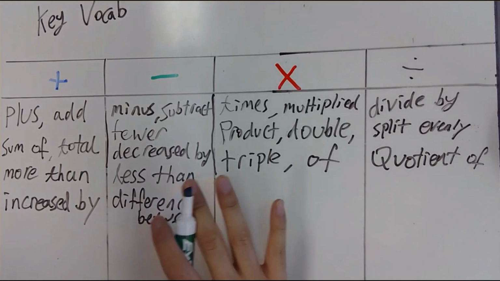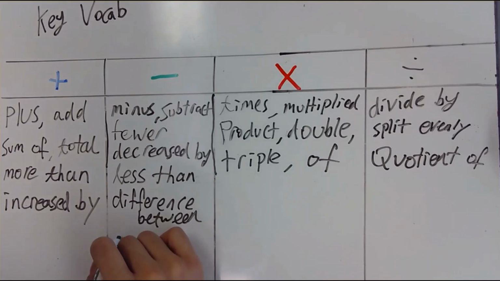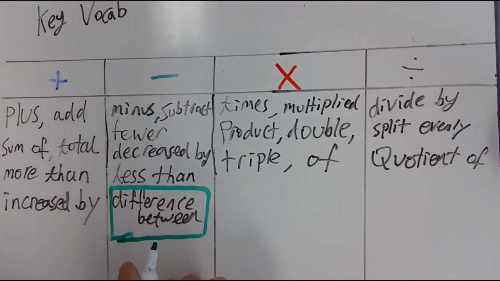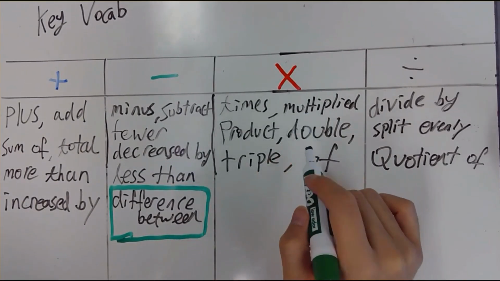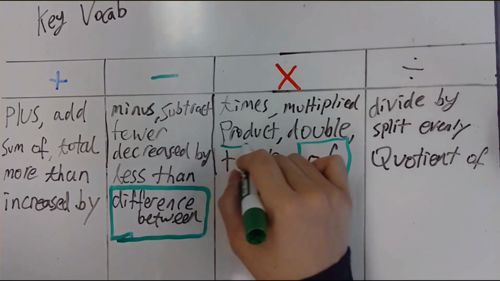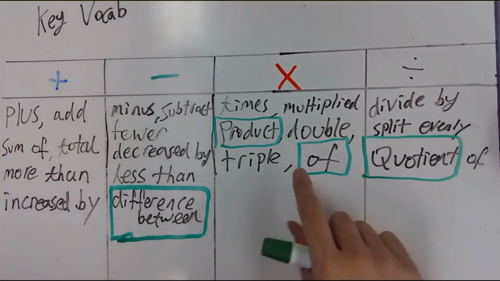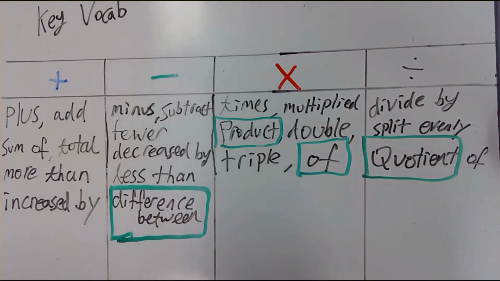Of all these definitions, I would like to emphasize a few, which are difference between, which I will explain in a little more detail, and of, and product, and quotient. The words product and quotient could be new to some of you.